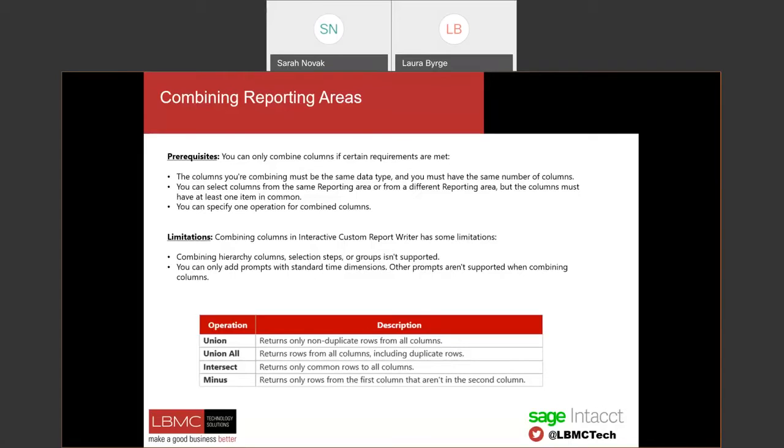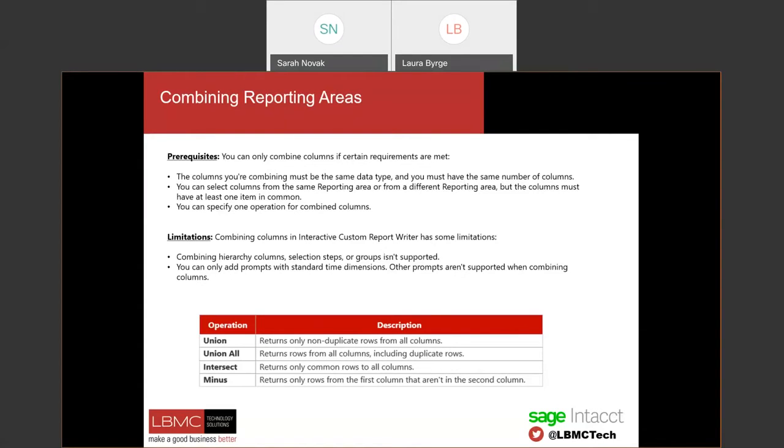These are combining hierarchy columns, selection steps, or groups. This is not supported at this time, and you can only add prompts with standard time dimensions. Right now, ICRW doesn't support prompts other than standard time dimensions when choosing time periods.